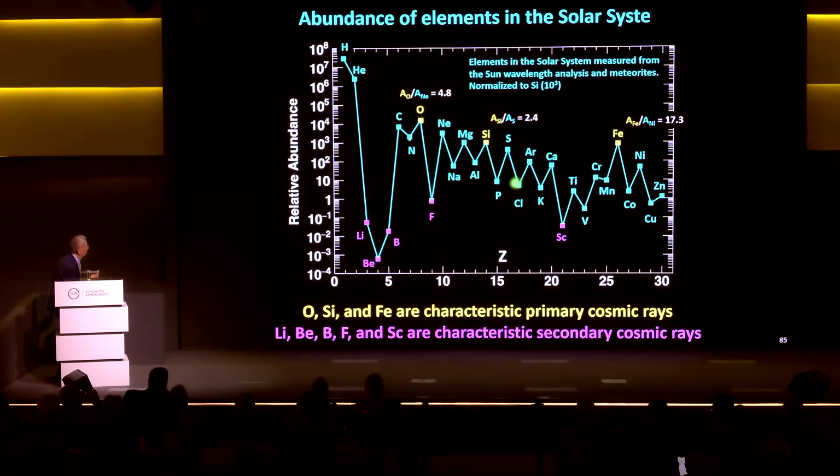Silicon flux is 2.4 times more than sulfur flux. Iron flux is 17 times more than nickel flux. And therefore, oxygen, silicon, iron are primary cosmic rays. Lithium, beryllium, boron, fluorine, scandium have the lowest yield, and therefore those are pure secondary cosmic rays.